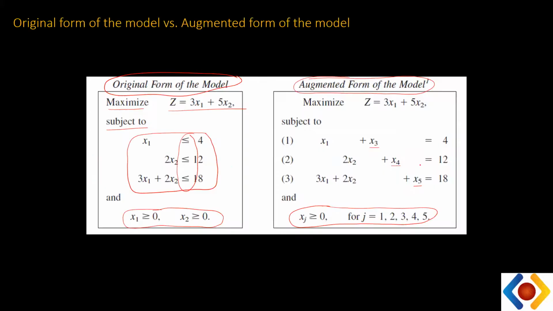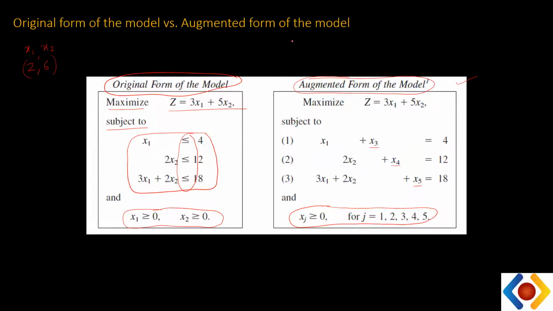When we were getting a solution, what was our solution? For example, one of the solutions was 2, 6, where x1 is 2 and x2 is 6. When we talk about a solution for the augmented form, we call it an augmented solution. Now our solution is not just 2 variables, but we have introduced 3 more variables.